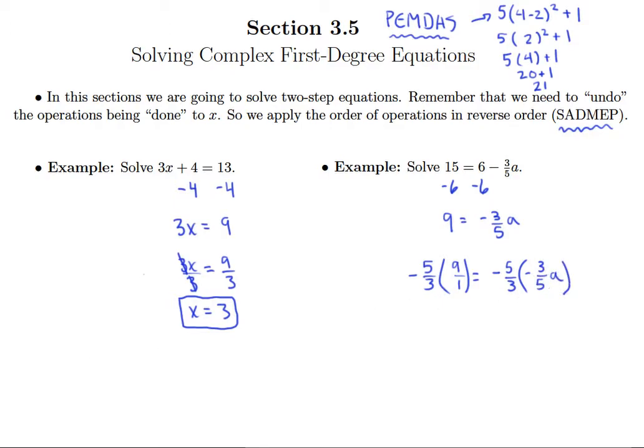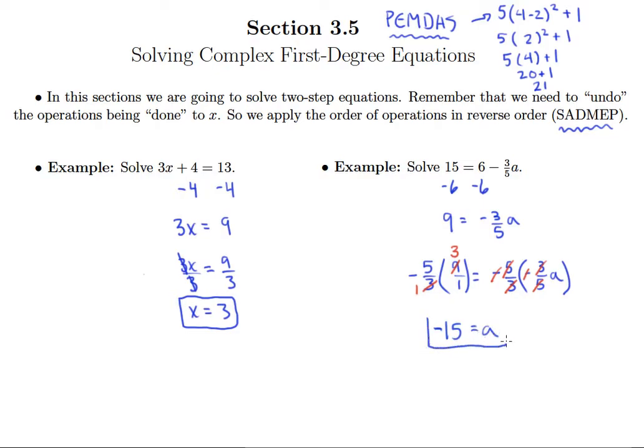All right. So we can see all the cancellation happening here. And everything's canceling on the right side, which is of course what we need. And so what we end up with is that a is equal to negative 15. So negative 15 equals a.